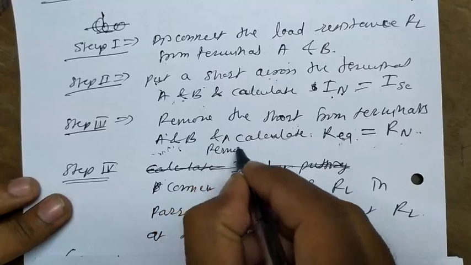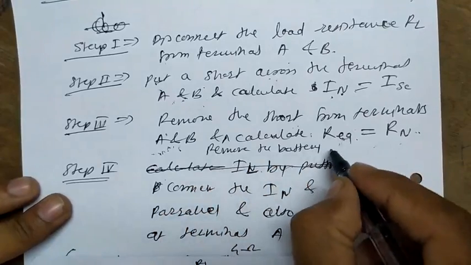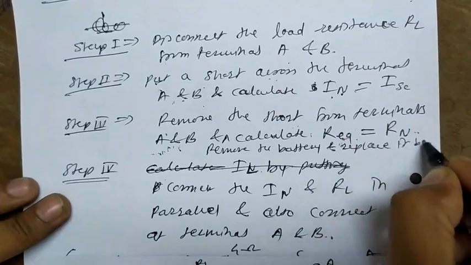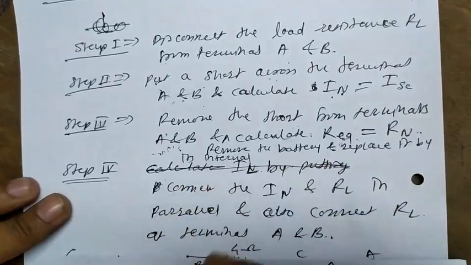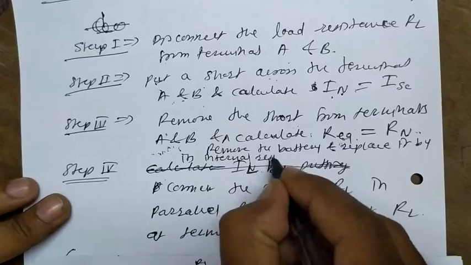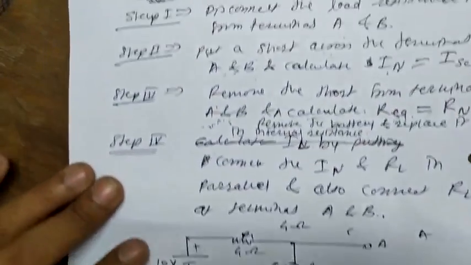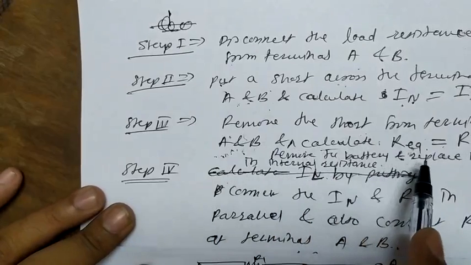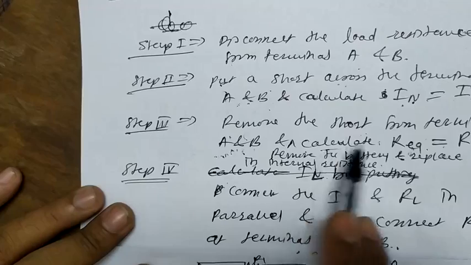Remove the short from terminals A and B, remove the battery and replace it by its internal resistance, and then calculate R equivalent.